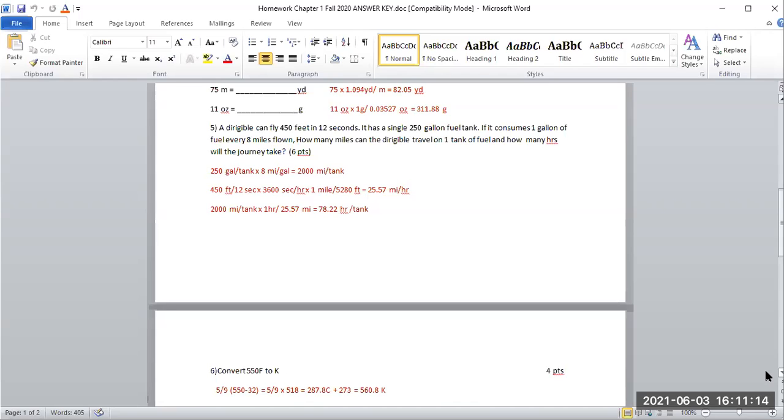So I took my 450 per 12 seconds. I then converted it over with 3,600 seconds per hour, and 1 mile being 5,280 feet. It puts along at about 25.5 miles an hour. But if you're going 2,000 miles, it's going to take you a little over 3 days, 78.2 hours to burn through that full tank.